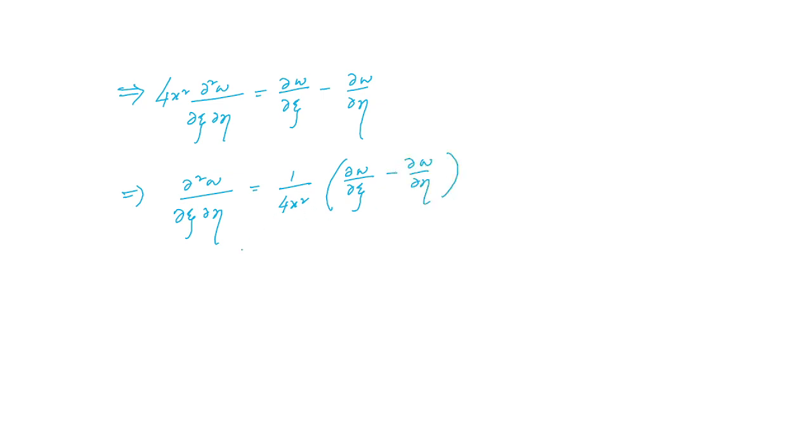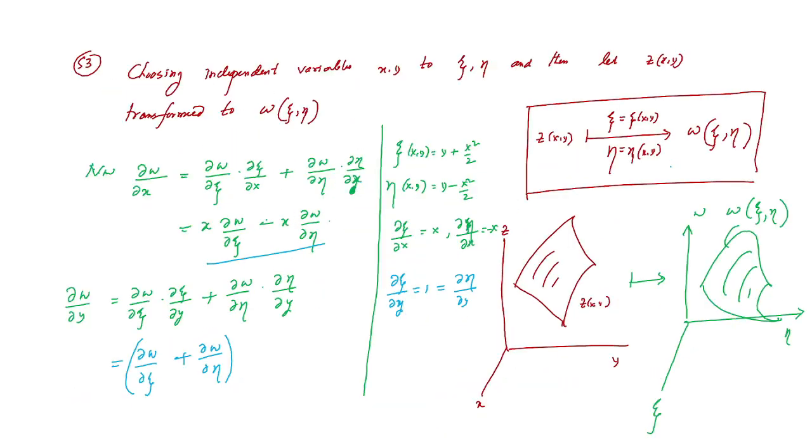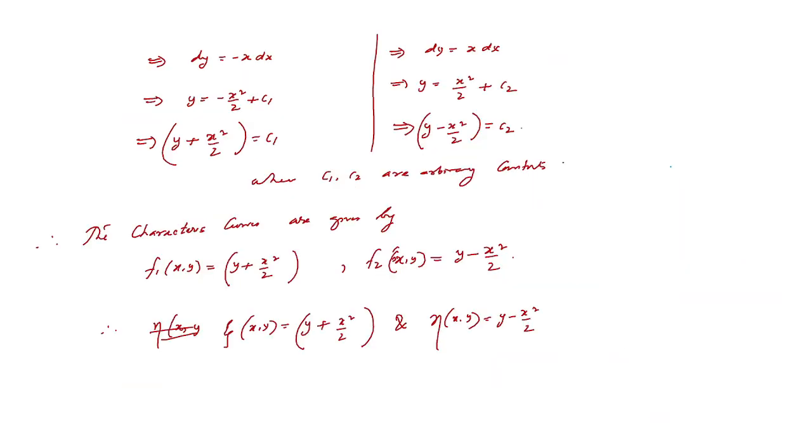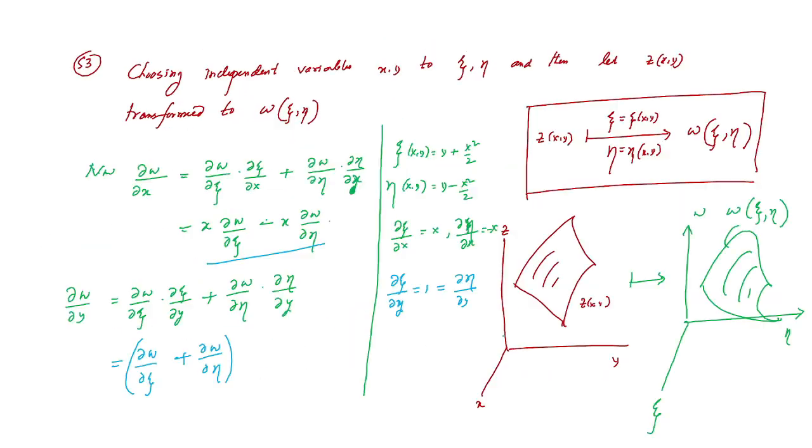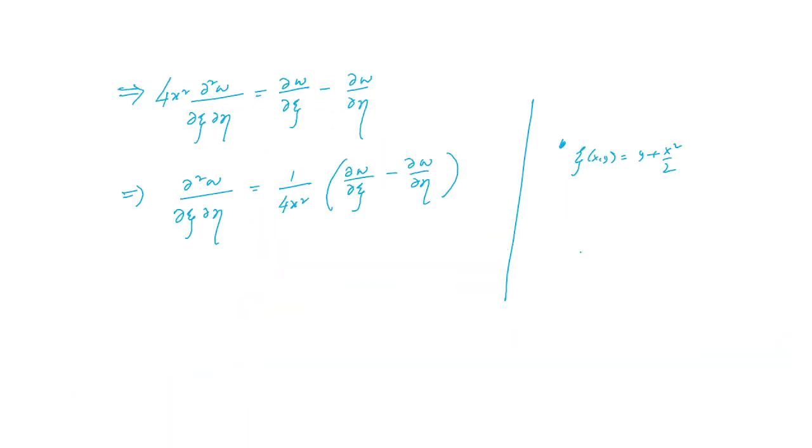X square touch. So we need to reduce x square in terms of xi and eta. So what is xi in terms of x and y? Xi is y plus x square by 2, and eta is y minus x square by 2.